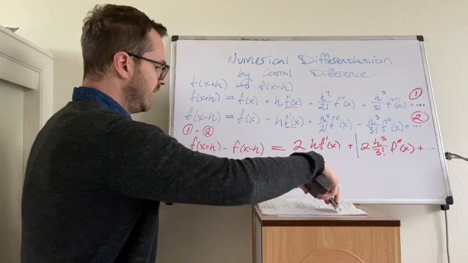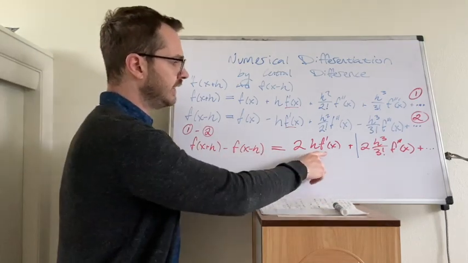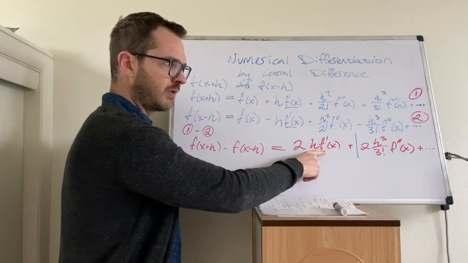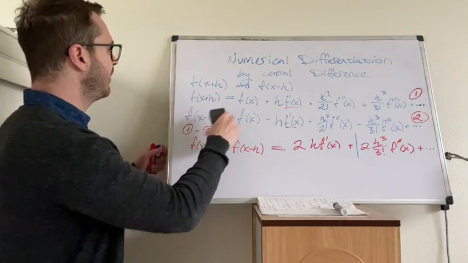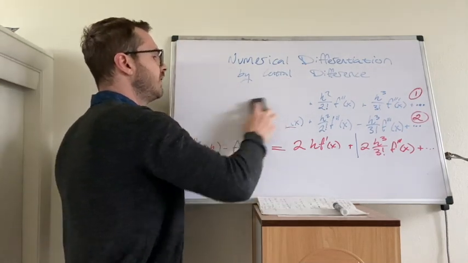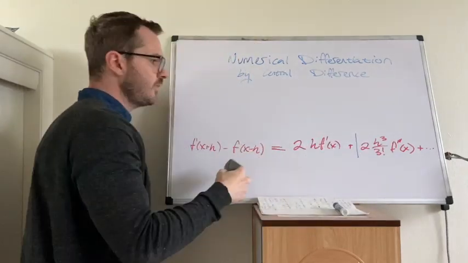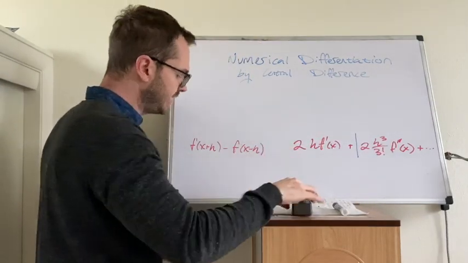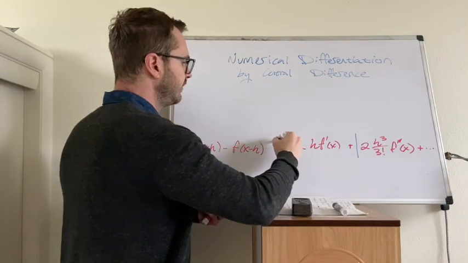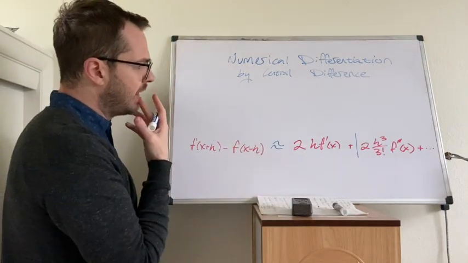Now, we want to use this method, and we want to solve again for f prime. So I'm going to erase the top part, and let's solve for f prime. And since we're doing the truncation, this becomes approximate. How are we going to solve for f prime?